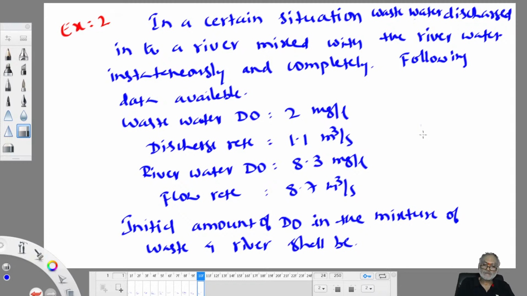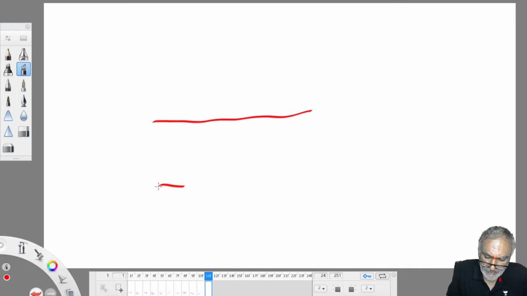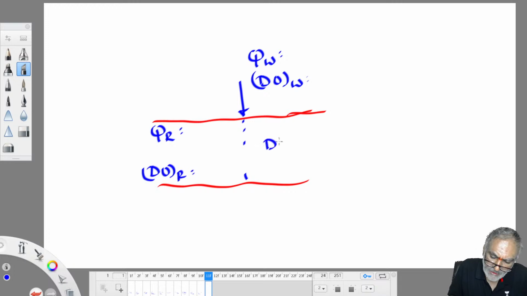Answer. So again the same type of question. Instead of BOD, now it is DO. So there is a river flowing nearby. He is disposing waste here, and DO of wastewater is this much, into the river on the upstream side. DO of river on the upstream side is this much. Then he is asking what is DO mix immediately after mixing.